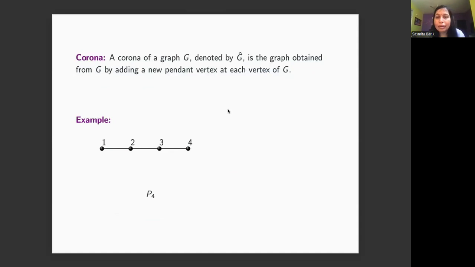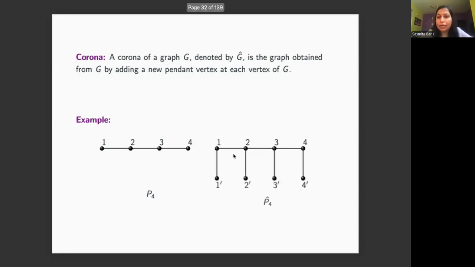Now this operation is important, that is the corona of two graphs. The corona operation is defined between any two graphs. Here I'm taking the second graph as an isolated vertex. So it is defined in this way: take a graph and just add pendants to every vertex. Then it's known as a corona. Like here I have P4, and if I add pendants to every vertex, I'll get a graph like this.